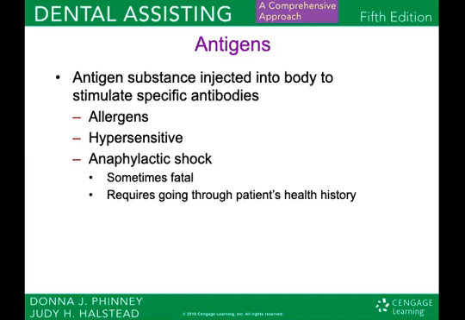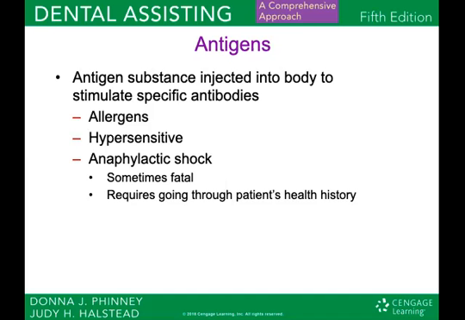An antigen is a substance injected into the body to stimulate specific antibodies. When given an antigen, the body may overreact. In this case, if there is an allergic response when given an antigen, it is called an allergen. Some individuals are more sensitive to certain allergens and are considered hypersensitive.